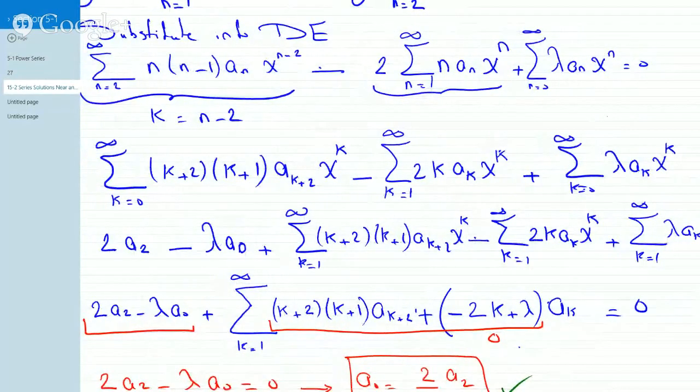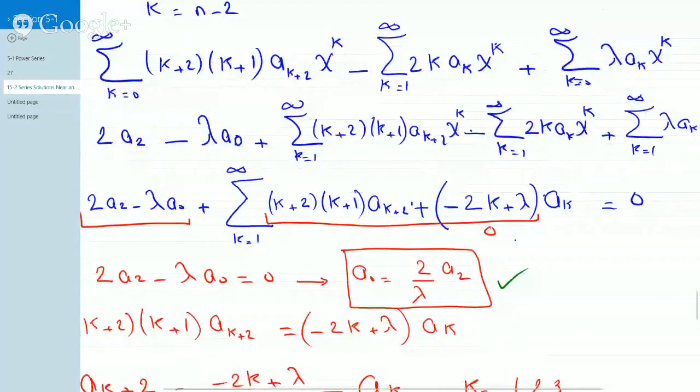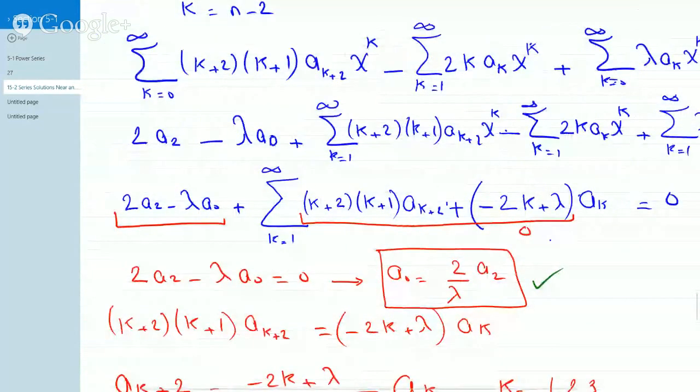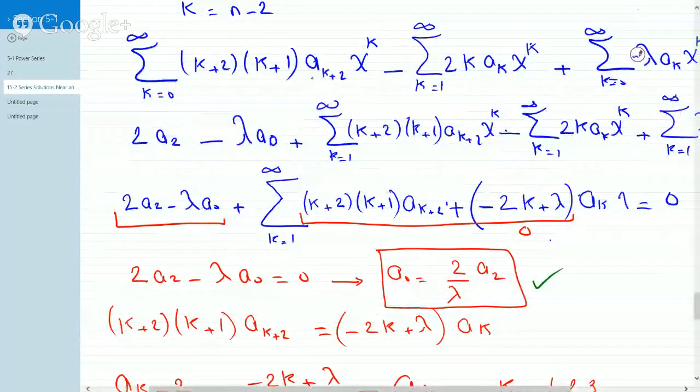So we made them x to the k, and we factored out all the coefficients. So there's an x to the k here, of course. We set all the coefficients equal to 0.